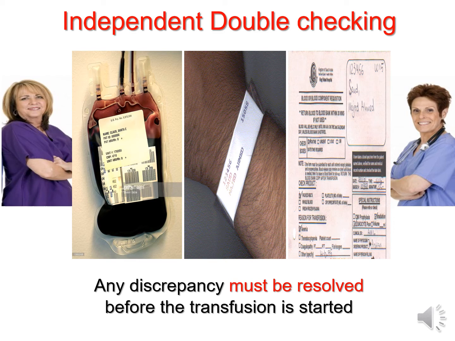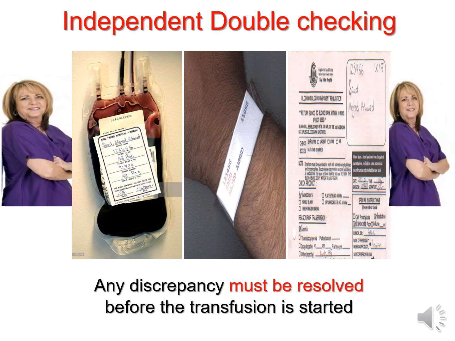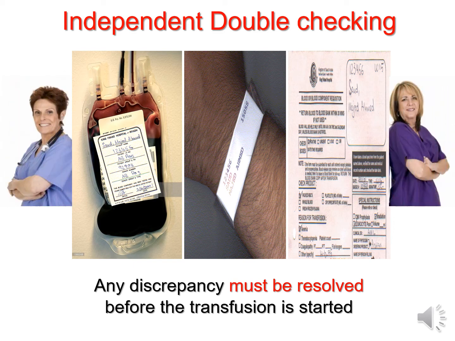The other person will be checking it independently as well, not together, for the same thing. Requisition form, ID, blood labels, and it's important that any discrepancy, so for example you don't agree that it's correct, must be resolved before the transfusion is started. If it's not resolved, you return the blood.